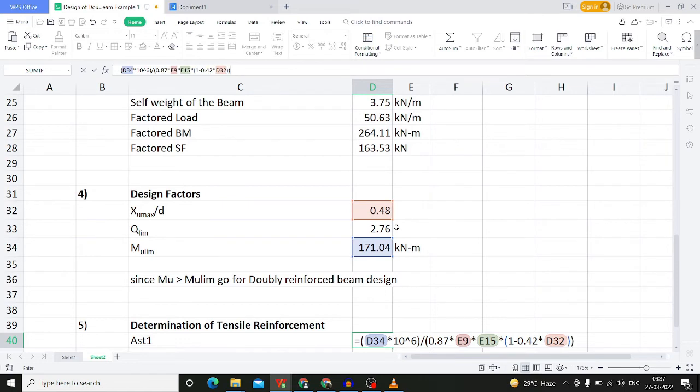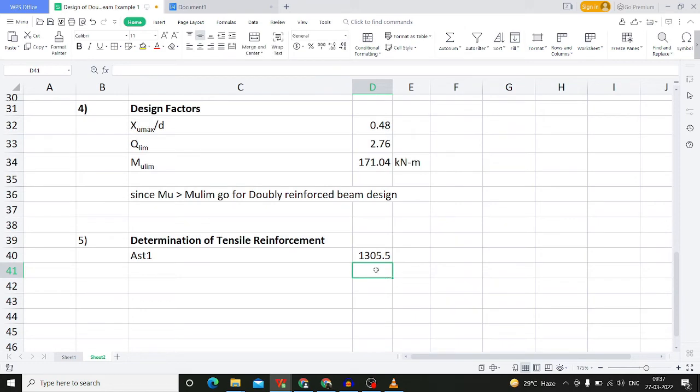One more bracket we have to take here. So this is the AST1, and it is in mm square.